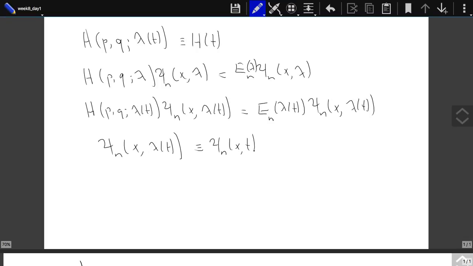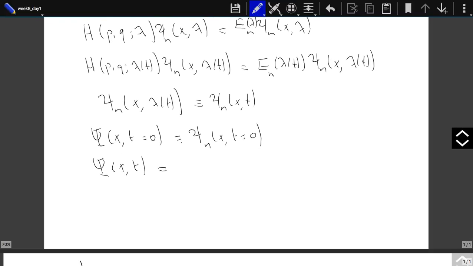So if you just have a parameter, let's say we have a state at t equal to 0. This is equal to psi n of x at t equal to 0. If we wait for some time, the state at t will be, according to the adiabatic theorem, psi n x of t.